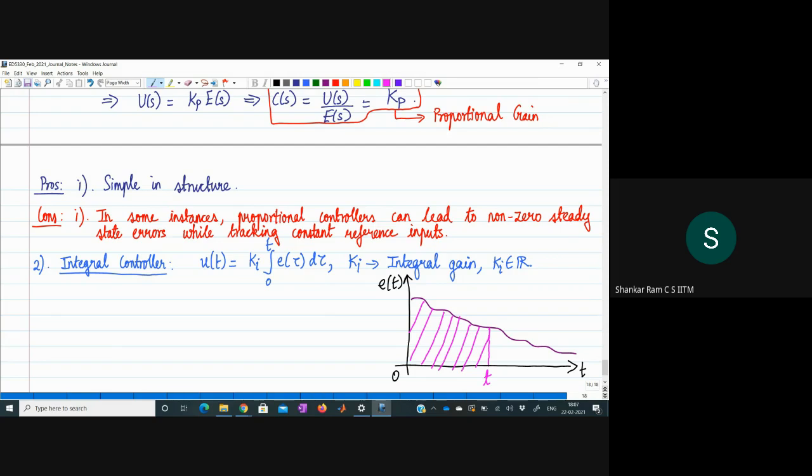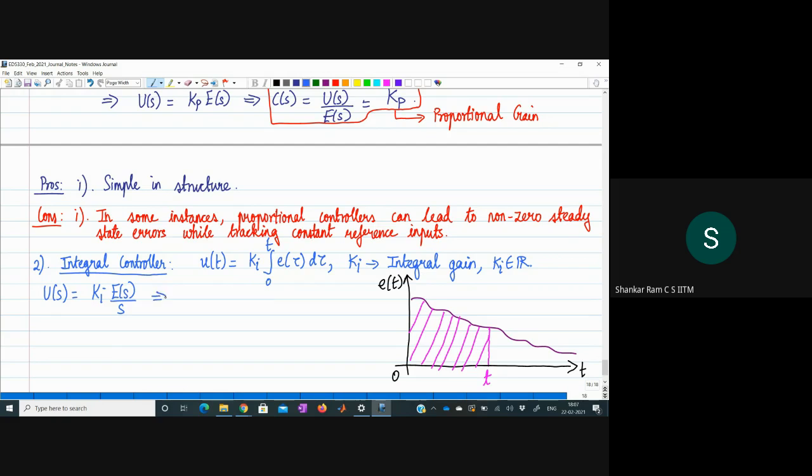If we take the Laplace transform on both sides, we immediately get U of s equal to Ki multiplied by E of s divided by s, using the property of the Laplace transform of definite integrals, where we divide by s.